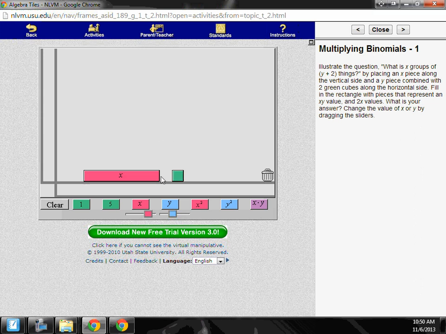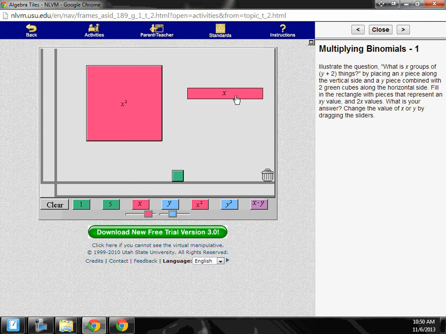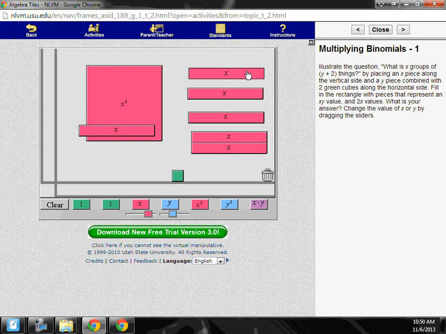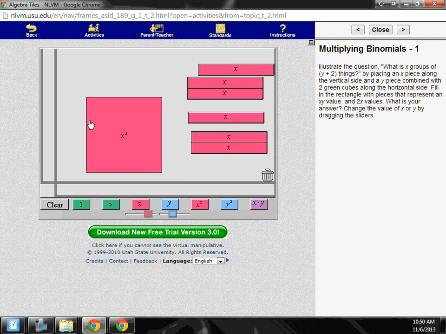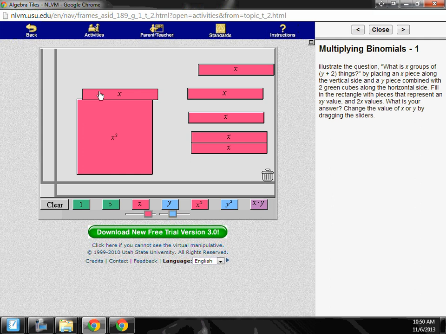So if I had the equation x squared plus 6x, x squared would look like this. x times x. And then I would have 6 of these. x, x, x. Is that 6? Yeah. So let's arrange those and try to make a perfect square.